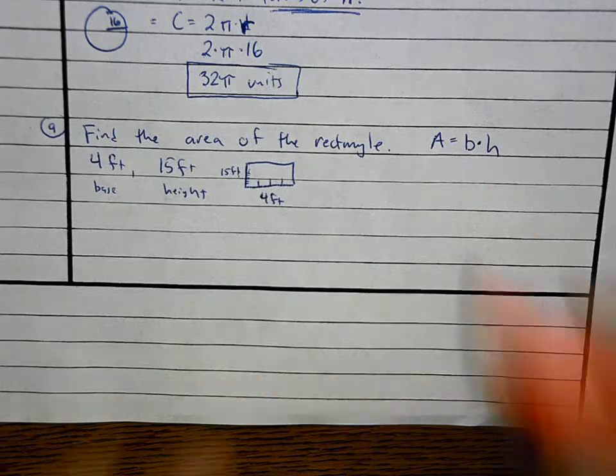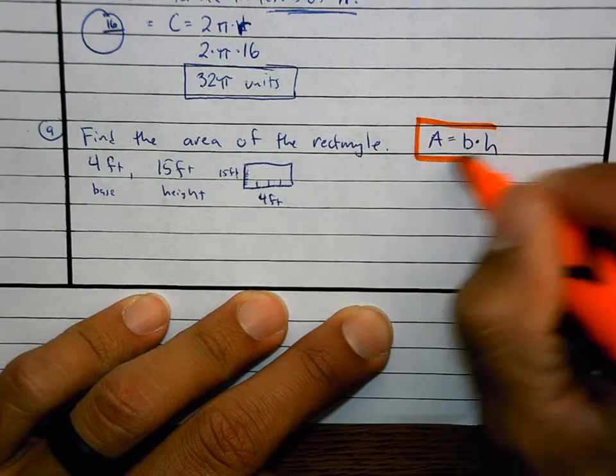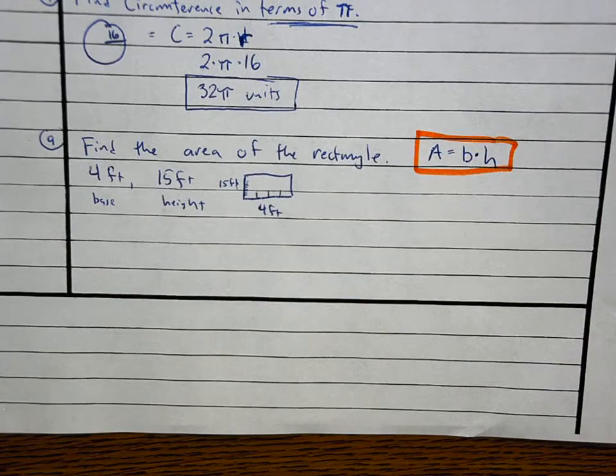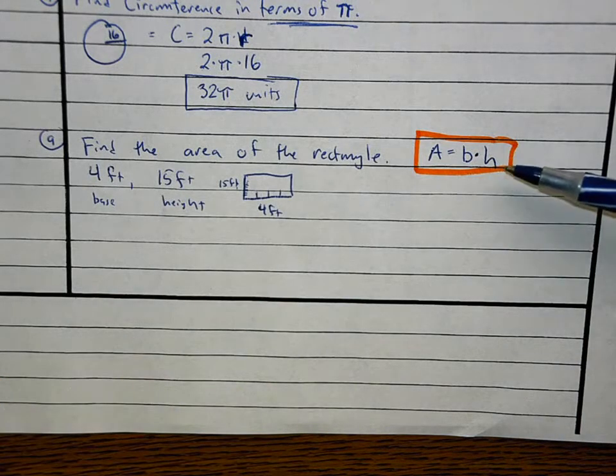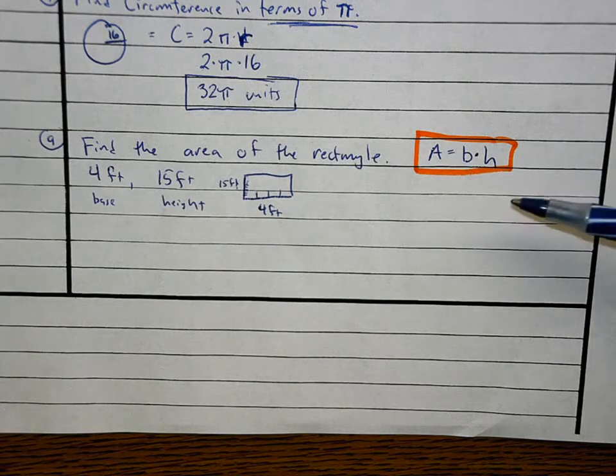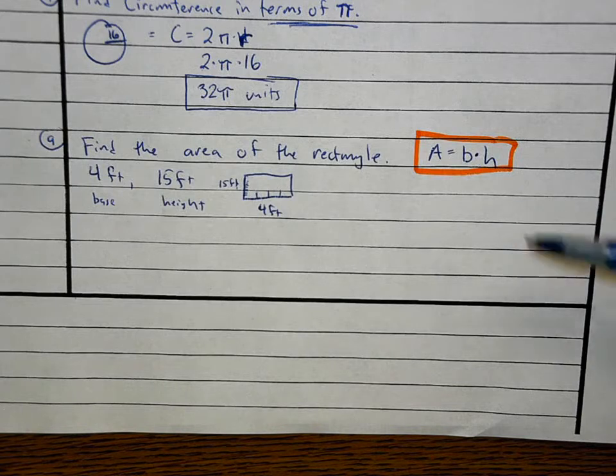I'm going to highlight this one because I use this one often. Every formula that we have in this unit is going to be based off of this one right here. I will eventually show you all how we get the triangle formula from this, how we get the parallelogram formula from this, how we get the trapezoid formula from this.